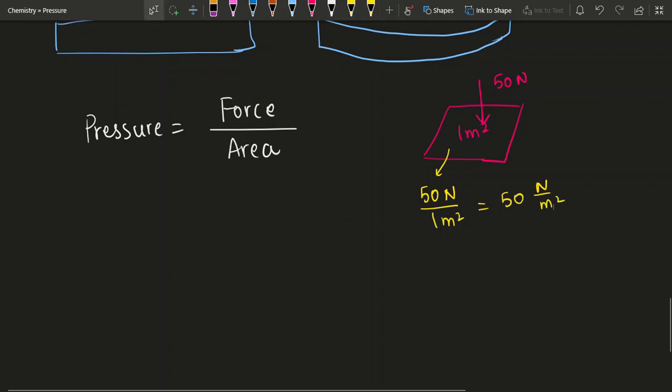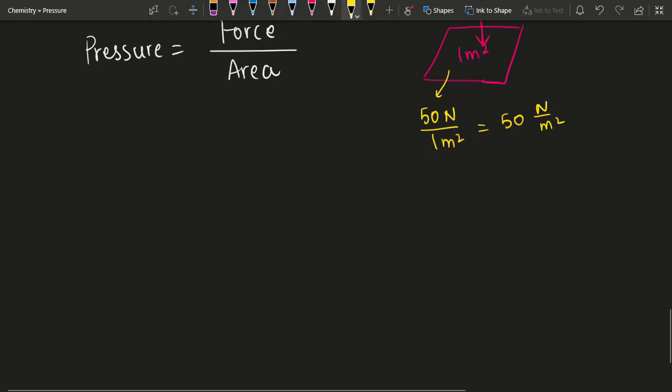Now there are many units for pressure, but let's start with the SI unit first, since it is necessary to understand the SI unit first. To understand other units, we will just start with it. The first thing to keep in mind is that the way to make an SI unit is by using SI units.